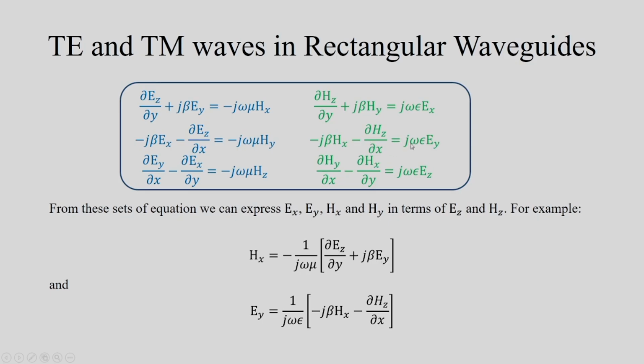Now, from this equation we find that this involves Ey, Hx and Hz. So, if we substitute Ey from this equation, we can write Ey in this form: 1 by j omega epsilon times minus j beta Hx minus del Hz del x. Now, this Ey can be substituted in the first equation for Hx.